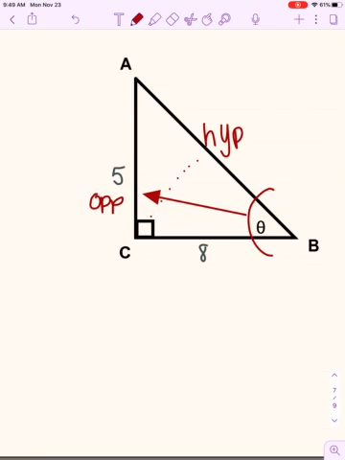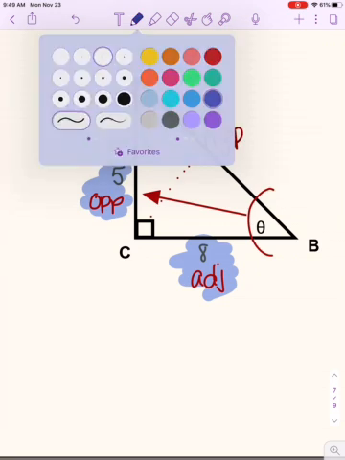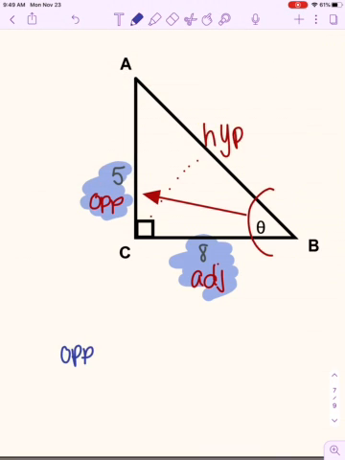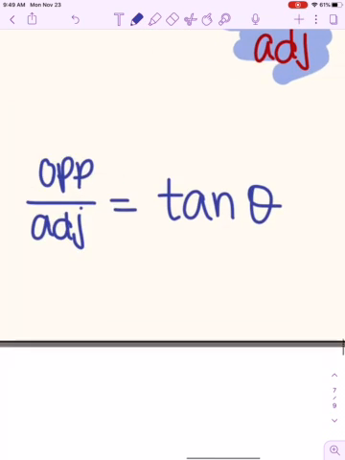Hypotenuse is always across from C, and then the adjacent is the one left over. This time we know two sides, so those are the two we highlight, the opposite and the adjacent, which again is tangent.